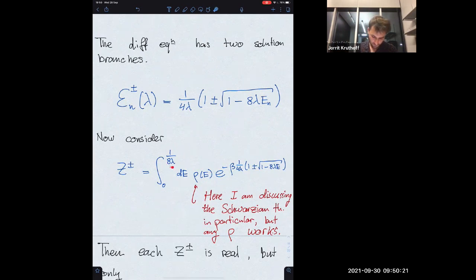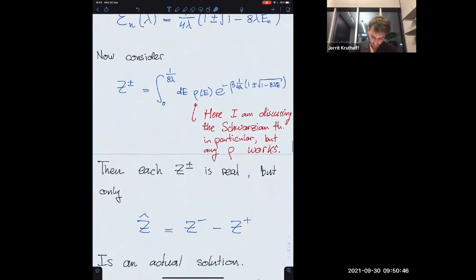Now, because of the lambda dependence of this cutoff that I put here, this expression will now be completely fine. It will be finite and it will not be complex. But because I put this lambda dependent cutoff here, it will not satisfy the differential equation anymore. Instead, what will satisfy the differential equation is the difference of these two.